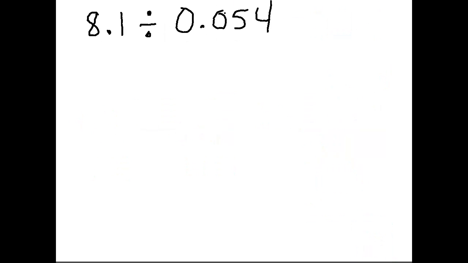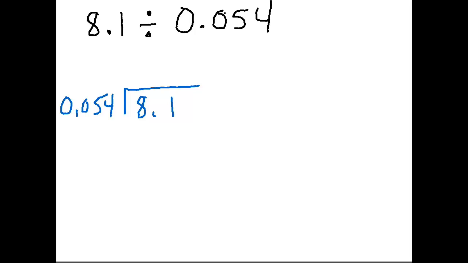All right, our next problem, we have 8 and 1/10 divided by 54 thousandths. Now I need to have a whole number divisor, so I am going to be multiplying by 1,000.